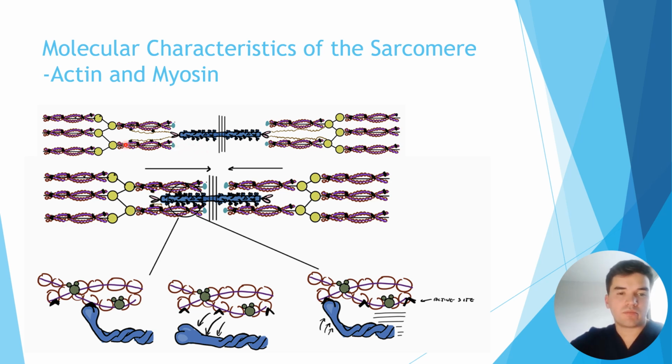As titin sort of anchors the myosin to the actin, G-actin has specific binding sites that are allowed to activate when calcium binds to troponin C, causing a conformational shift where tropomyosin will move, exposing the binding sites, and then myosin heads will attach there, break off through a system we'll talk about later, and then attach to new ones.